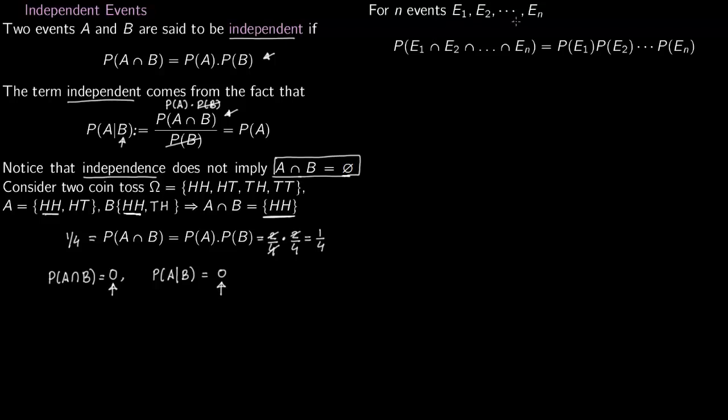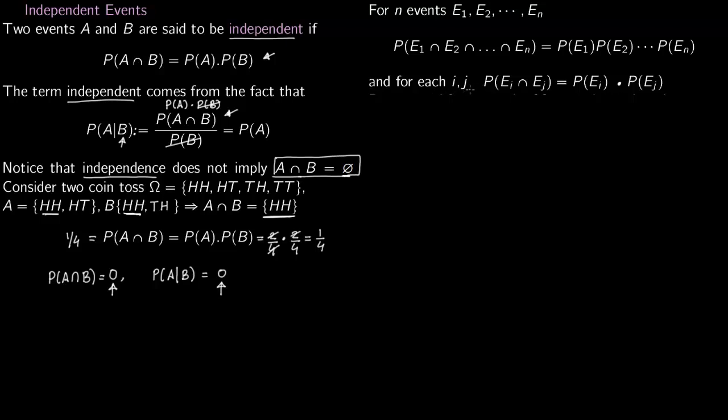Now you can extend this definition to n events. So for that you will have to have probability of E1 intersection E2 intersection E3 and so on to intersection En equal to probability of E1 times probability of E2 all the way to probability of En. Also, any two of these events have to be independent. So probability of Ei intersection Ej is equal to probability of Ei times probability of Ej.